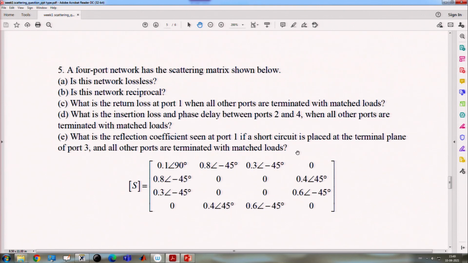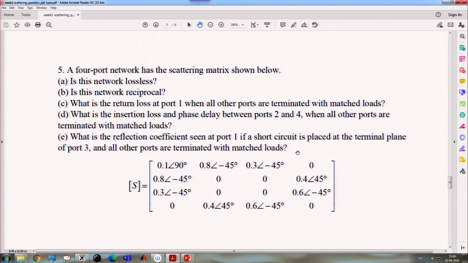Next part is what is the reflection coefficient seen at port 1 if a short circuit is placed at the terminal plane of port 3, and all other ports are terminated with matched load. So, we will see them one by one.